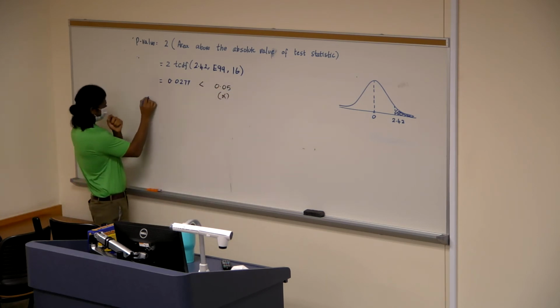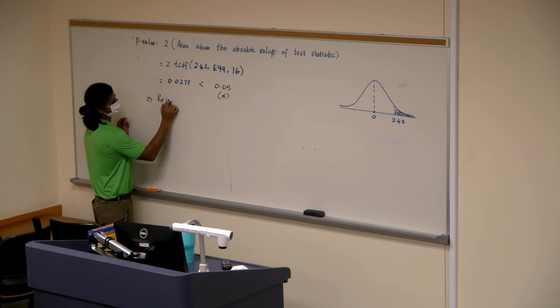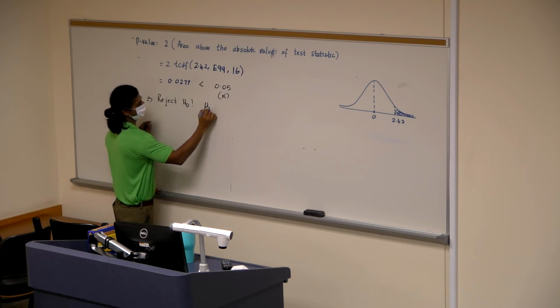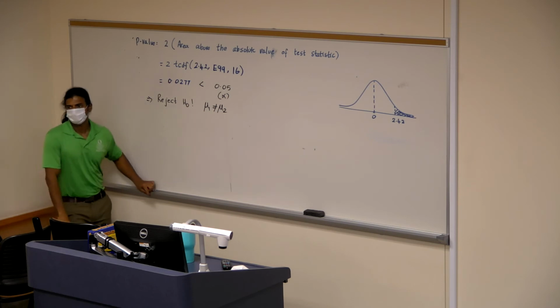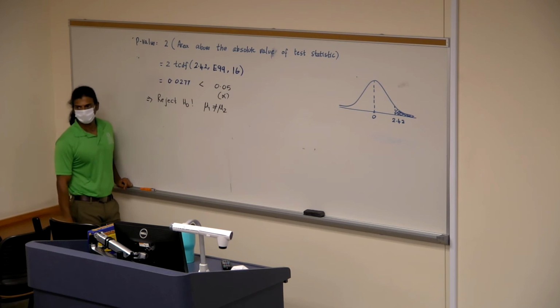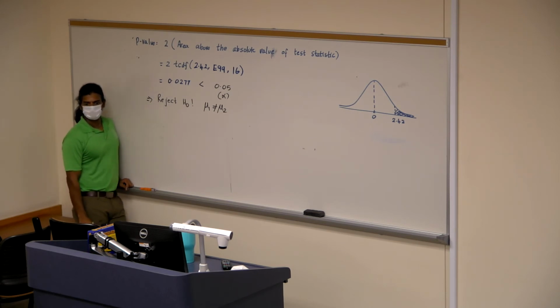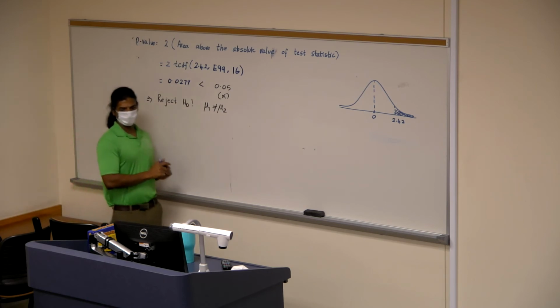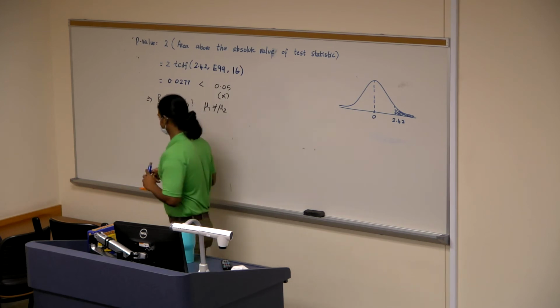So we can reject the null and conclude that mu1 is not equal to mu2. Good. Here is a question for you.